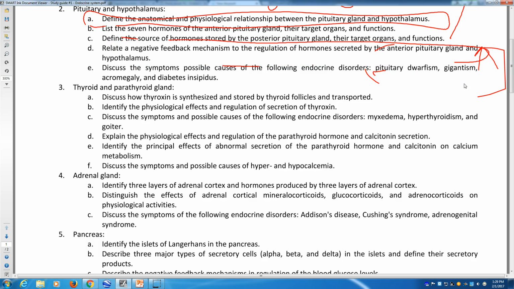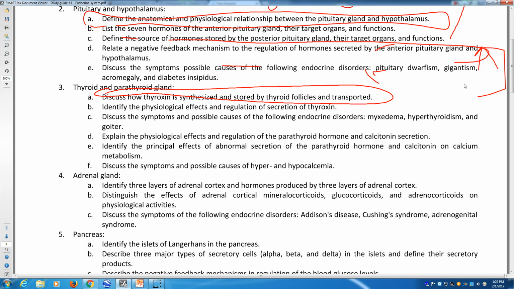Alright. Thyroid, parathyroid. They're kind of grouped based on location. But thyroid, how thyroxine is synthesized and stored by thyroid follicles, that usually scares students. You don't have to know the exact biochemical pathways. I don't really care if you know what thyroid peroxidase is.